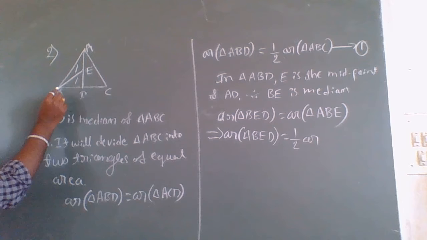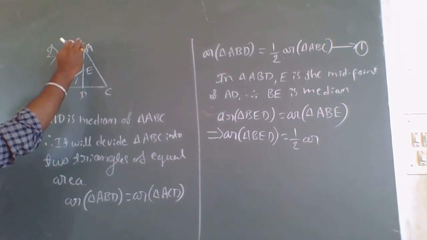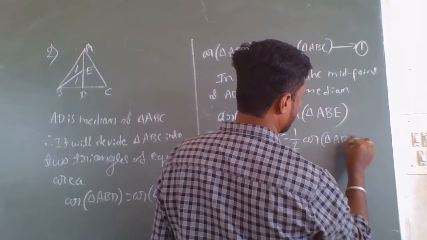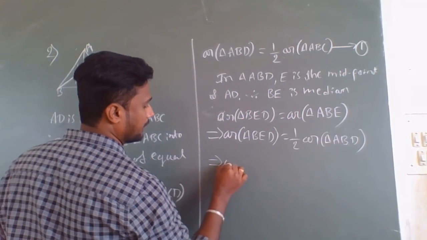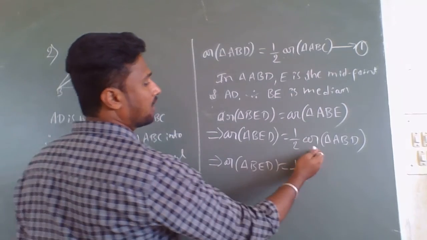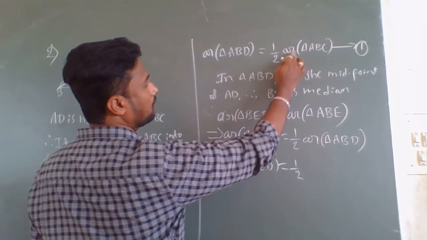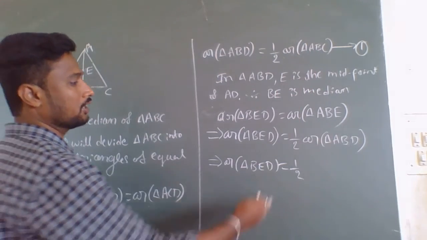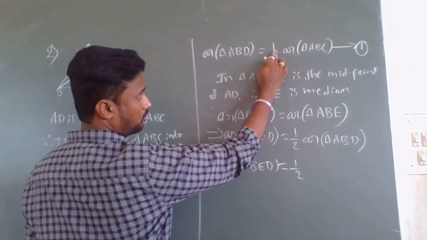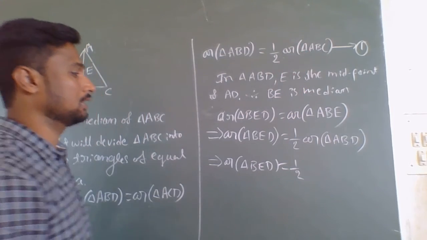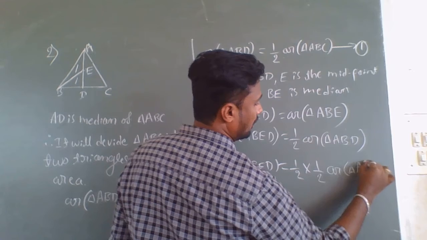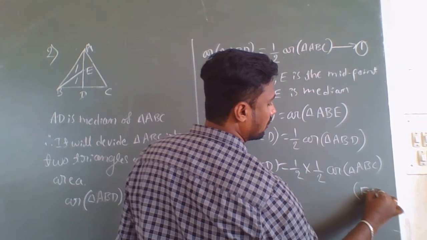Now area of triangle BED equals 1 by 2 into area of ABD, and area of ABD equals 1 by 2 into area of triangle ABC, so I will write 1 by 2 area of triangle ABC. This is from 1.